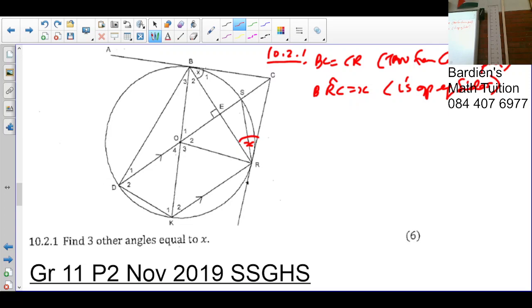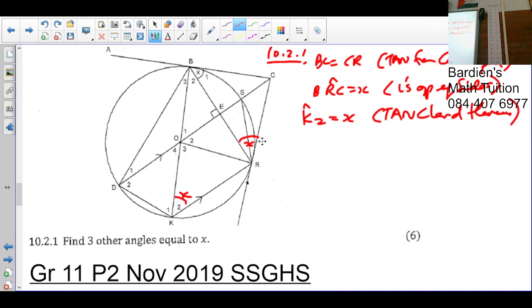Then your tan chord here, you see there, your triangle being formed there. So K2 is going to be a tangent. You all agree with that? So angle K2 is equal to x because of the tan chord theorem. Don't just write tan chord.